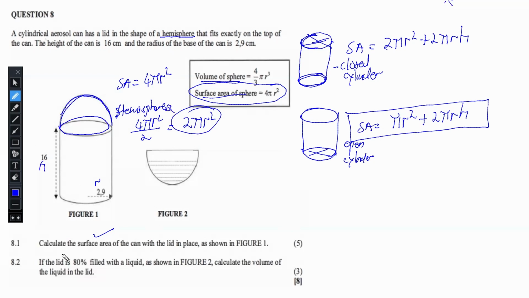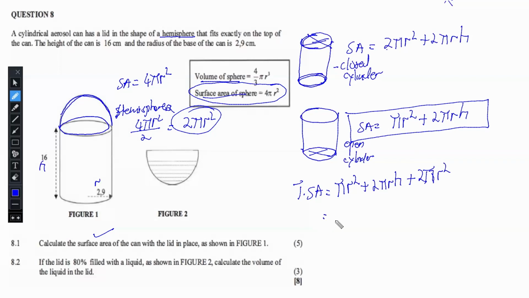Now, if we want to calculate the total surface area of this aerosol can, we say the total surface area is the surface area of the open cylinder, pi r squared plus 2 pi r h, plus the surface area of the hemisphere, which now acts as the lid. So this would be plus 2 pi r squared.